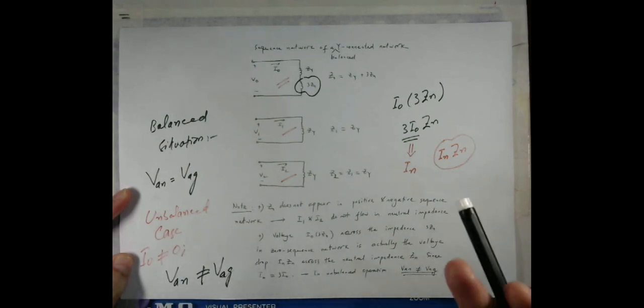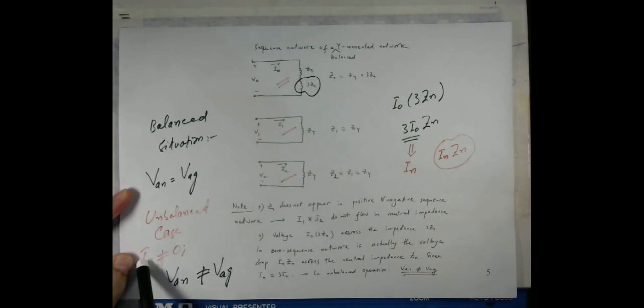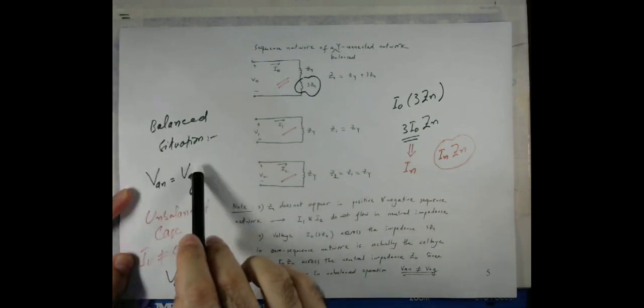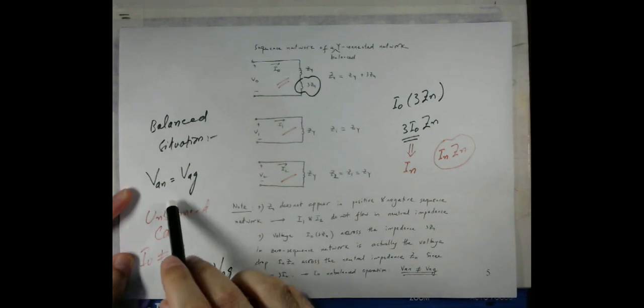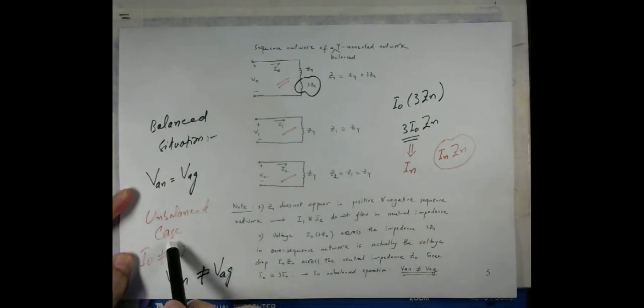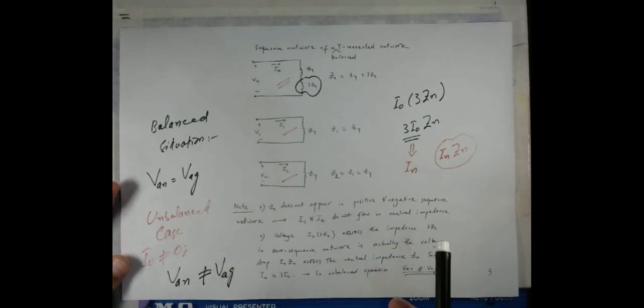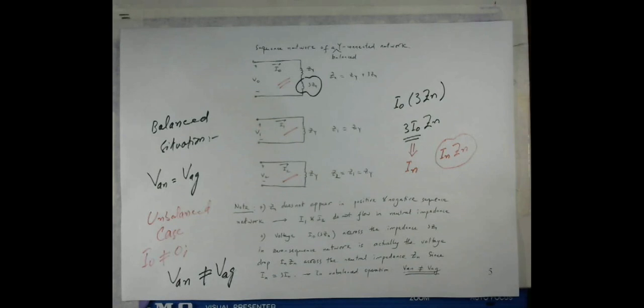Obviously in the case of balanced conditions, the zero sequence current is zero, so that's why it is still valid. But when we have an unbalanced fault, then this will not be the case. So then VAN will not be equal to VAG. So these were a couple of important observations that we made in the last lecture.